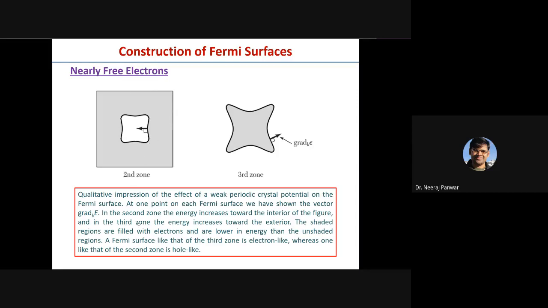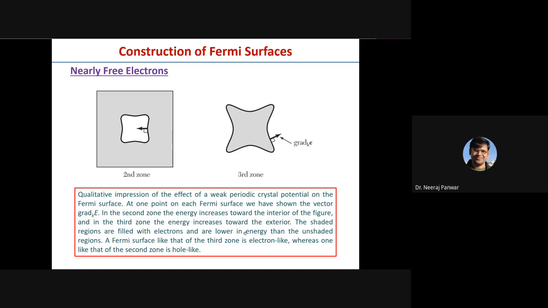Also, in the second zone, the energy increases toward the interior of the figure. This arrow represents the increase in energy, whereas in the third Brillouin zone, the energy increases outward. A Fermi surface like that of a third zone, because the shaded region represents all the states occupied by the electrons.